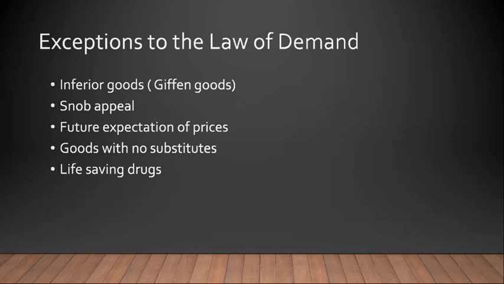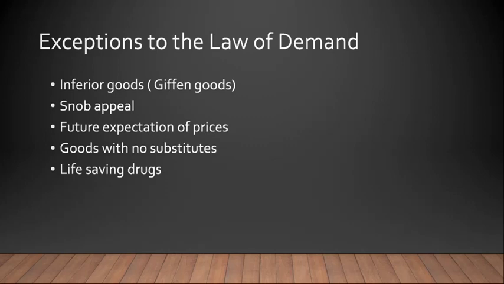Exceptions to the law of demand. In these cases, the law of demand does not work. What are the cases? Inferior goods or Giffen goods. Around the 18th century in Ireland, there was a situation where people were very poor. The poor people used to buy a majority of potatoes and a small bit of meat. At that time, the price of potatoes increased.